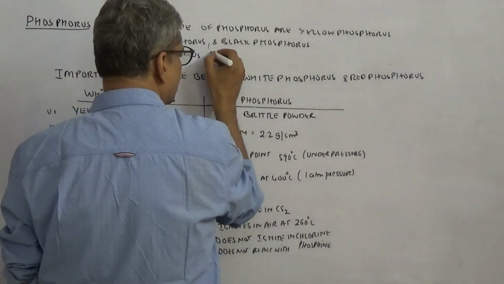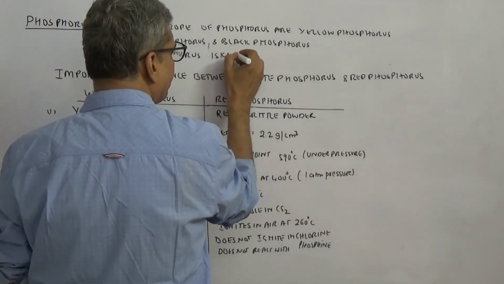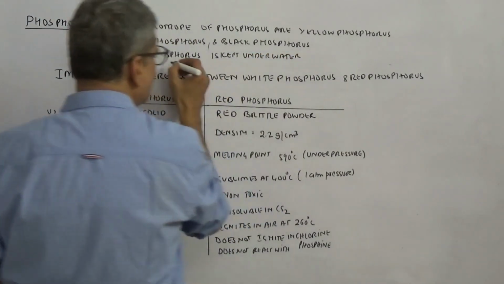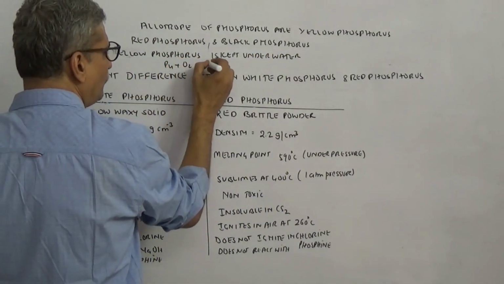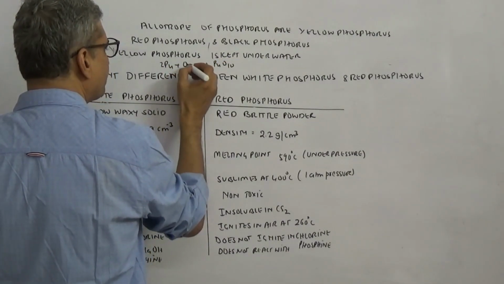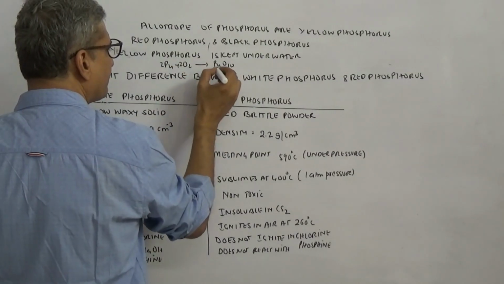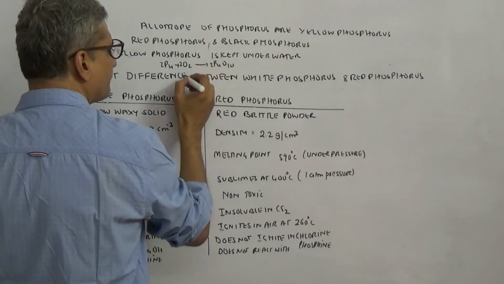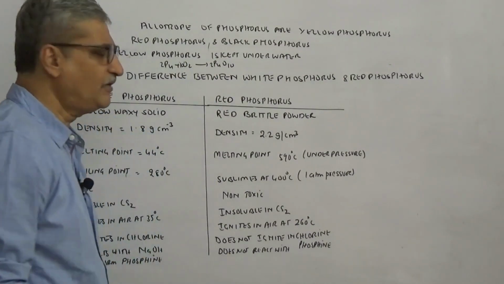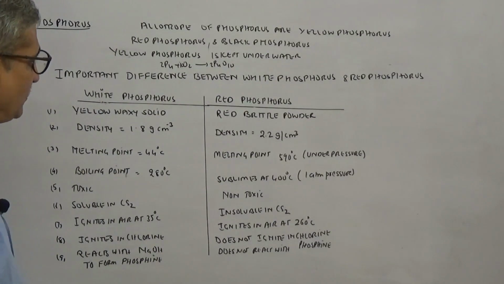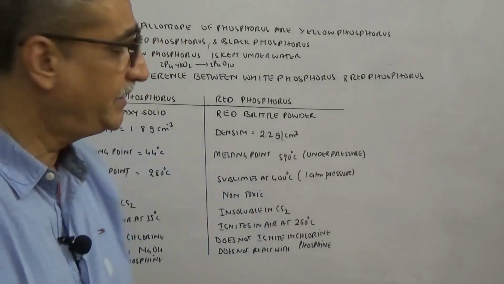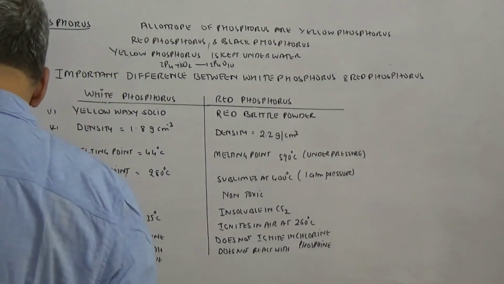So yellow phosphorus is kept under water. Why? Because P4 plus O2 forms P4O10, or phosphorus pentaoxide. Therefore, it doesn't come in contact with air. It's kept under water. Is this point clear?